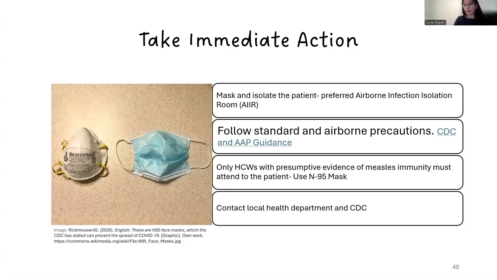Also, we need to follow our institutional protocols, but then we need to call our local and state health department and notify the CDC, and then they can help give us further guidance. If you click that link, it is like our whole guidance of what needs to be done step by step. I've called the CDC before, and it's wonderful because there's always an expert on the other end who can guide and instruct you on what you're supposed to do.